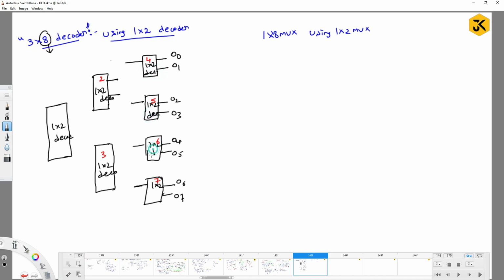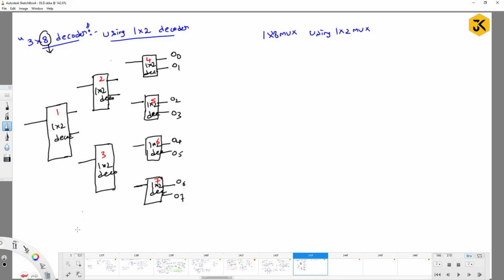Right. So here at the first decoder level, how many outputs are you going to get? You are going to get 2 outputs, and similarly here also you will get one input for all kinds of decoders. Right. Now how will you give the connections to get the respective output?